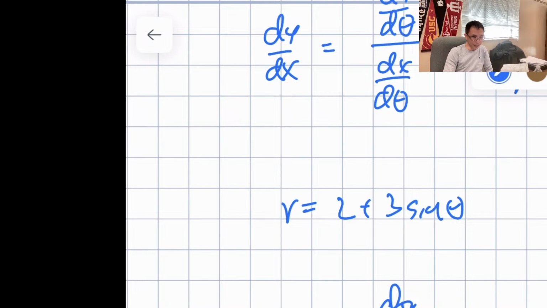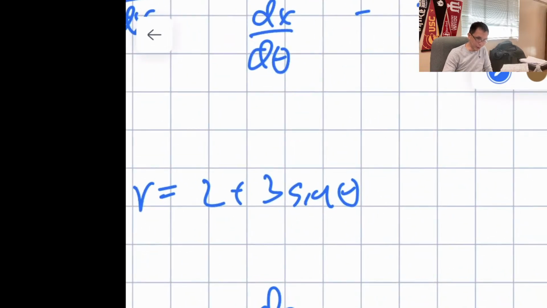R sine theta, right? So in this case, you had to plug in the R. What is R? 2 plus 3 sine of theta times sine of theta. Is that okay?